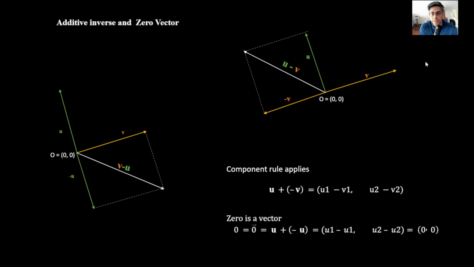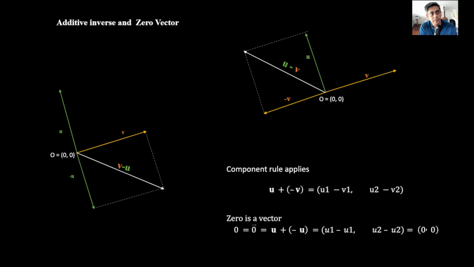Here one more thing to note is that the 0 is not a real number 0, it is a 0 vector. As you can see that it has two components, u1 minus u1, u2 minus u2, resulting in 0, 0. Although when you do this comparison it looks so obvious, this is a vector, a different object.